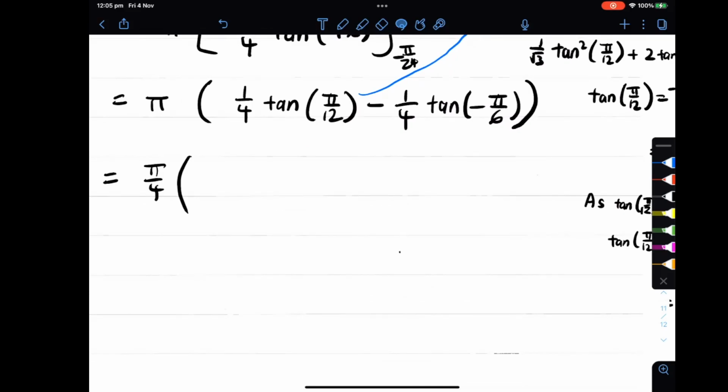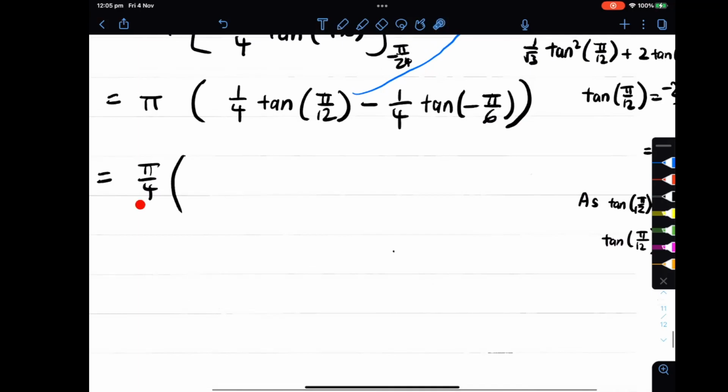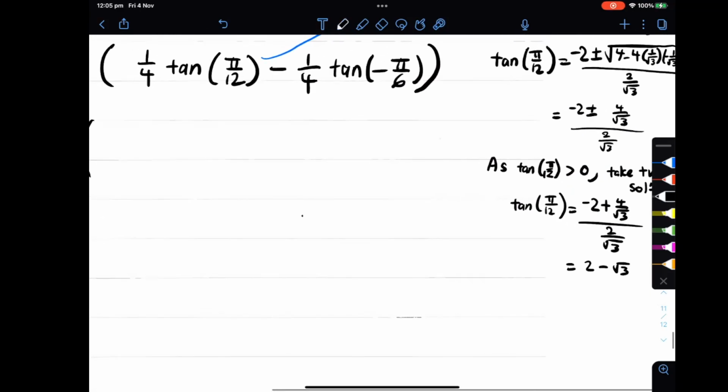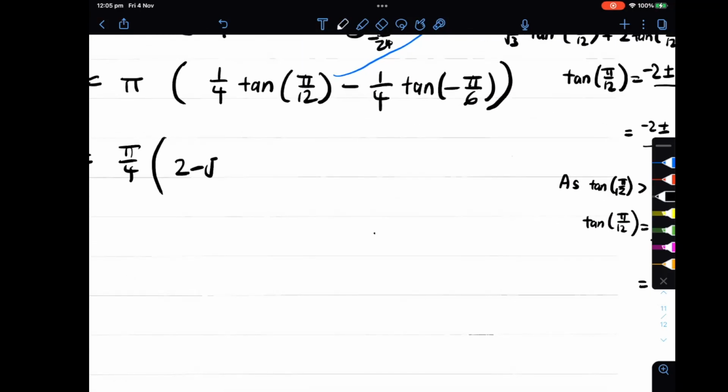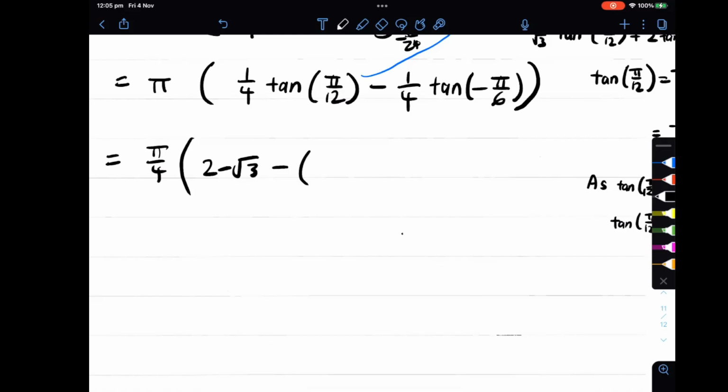Okay, so we already took the quarter out, so it just becomes tan of pi on 12, which is 2 minus root 3. Then tan of negative pi on 6, well, this here we can write as minus, and this is going to be negative, so we get negative root 3 over 3.